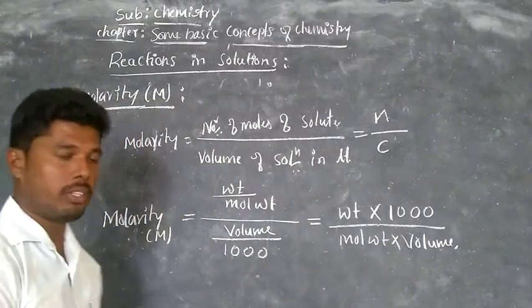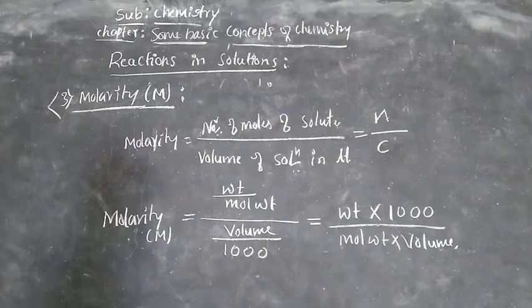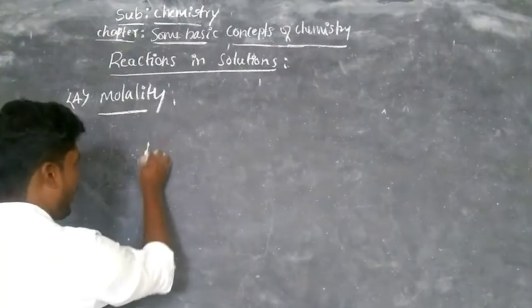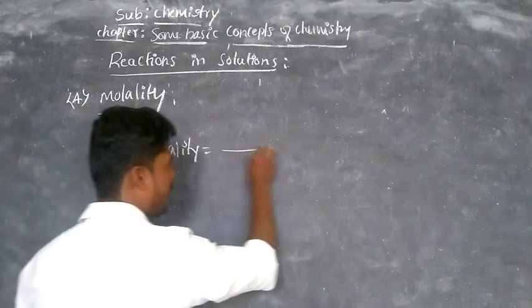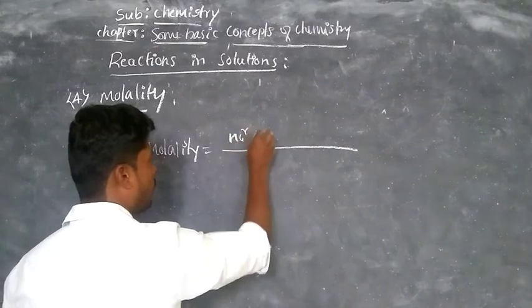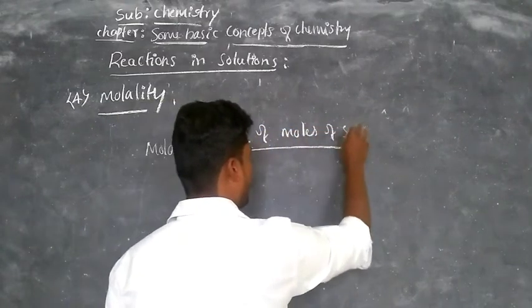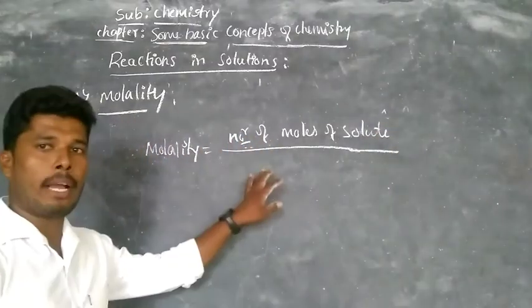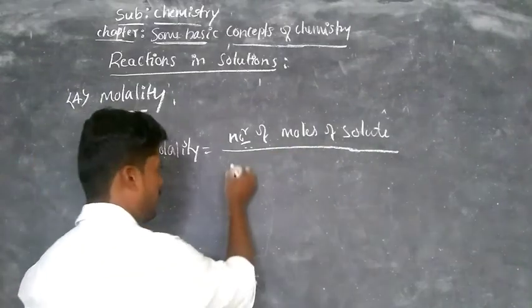Then next, take molality. Molality is defined as the ratio of the number of moles of solute divided by the mass of the solvent in kg.